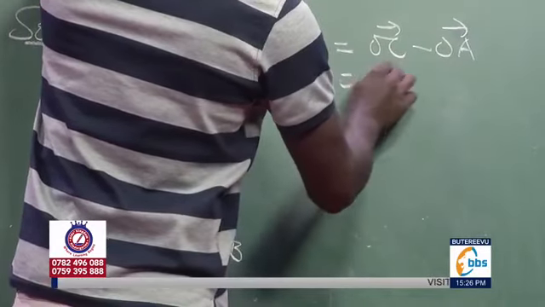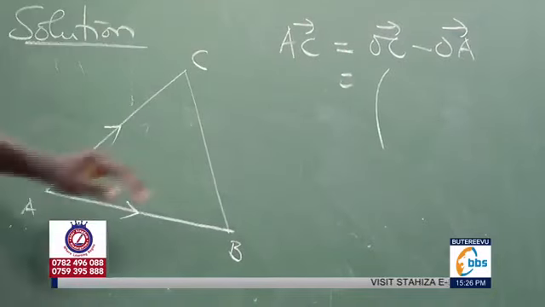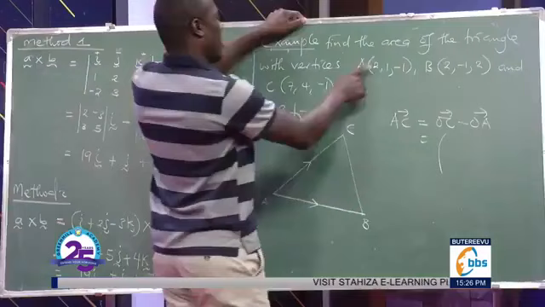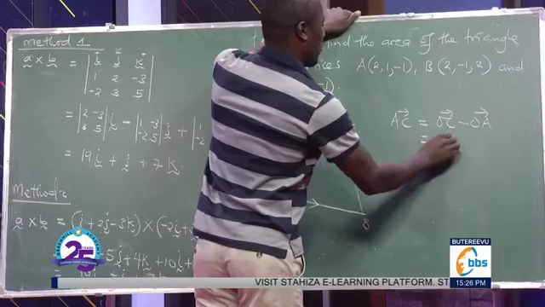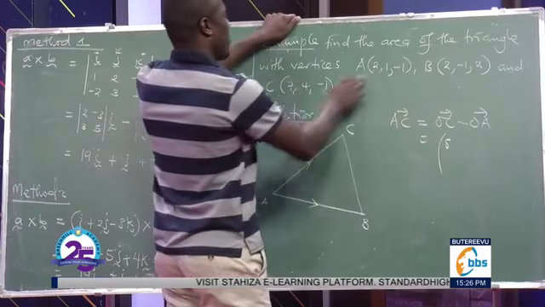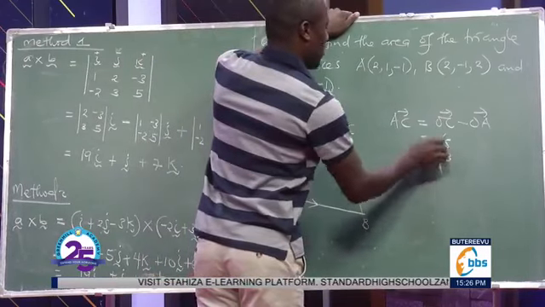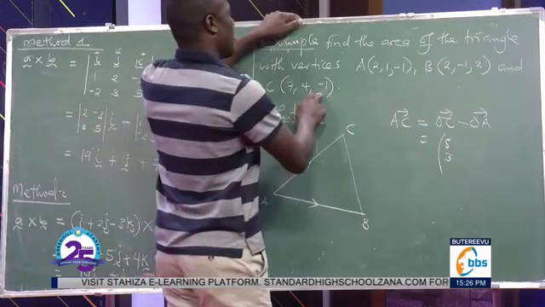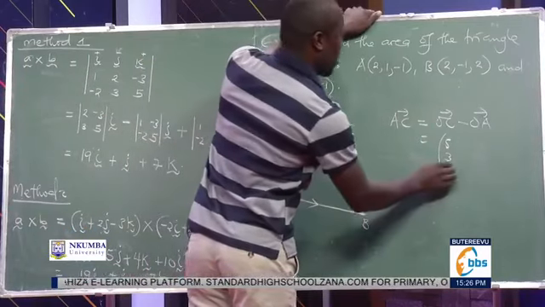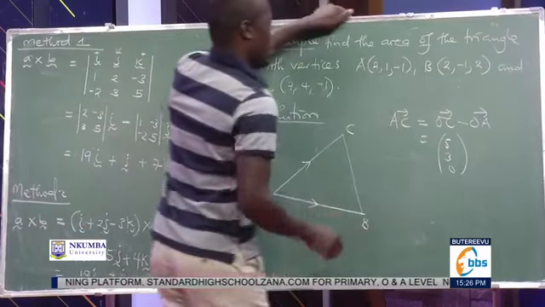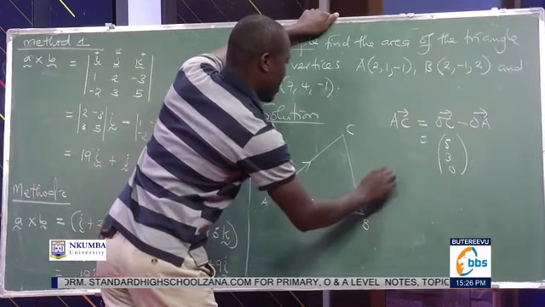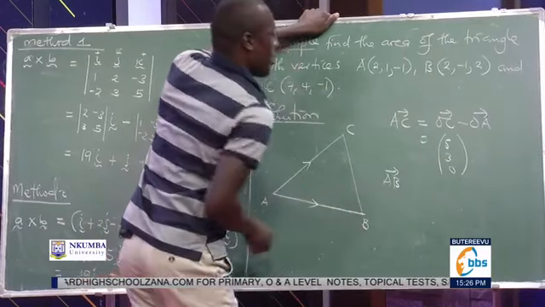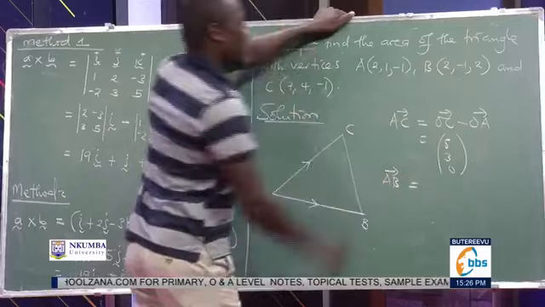This is equal to 7 minus 2, which is 5, then 4 minus 1, which is 3, and then -1 minus -1, which is 0.